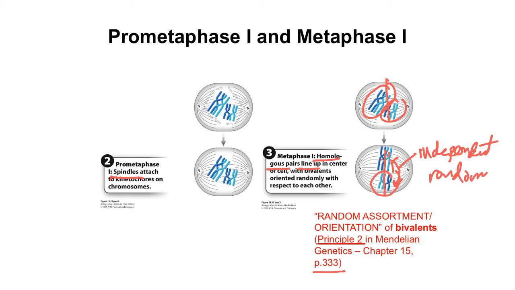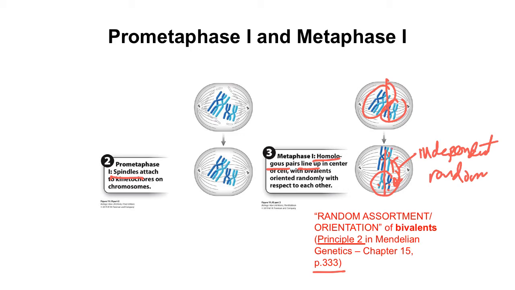Whether the blue of the small chromosome orients on this side and the light blue on the other side, or perhaps the blue on the other side, there is a 50-50 chance that this can flip, and that 50% chance is not influenced by the orientation of the first bivalent.